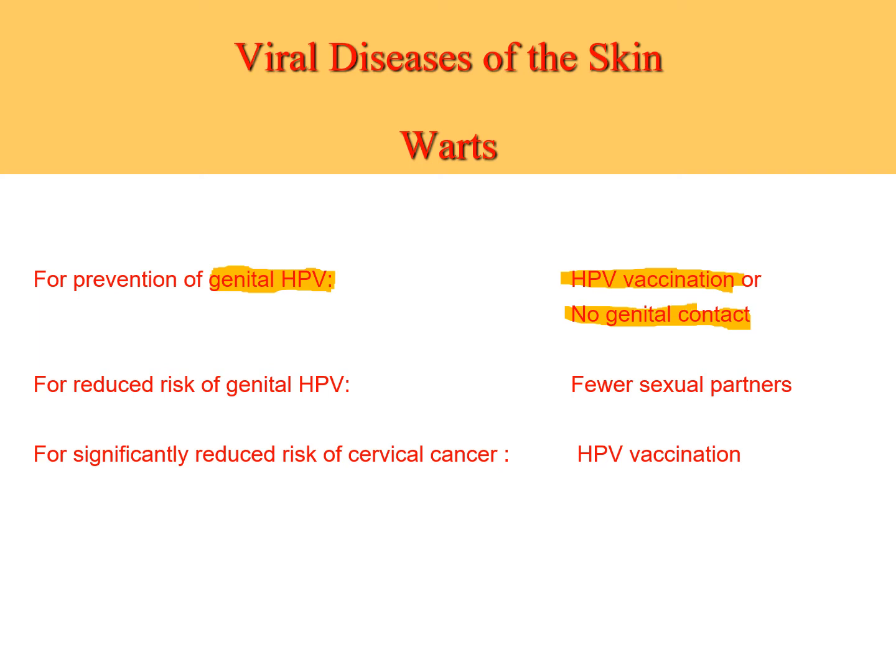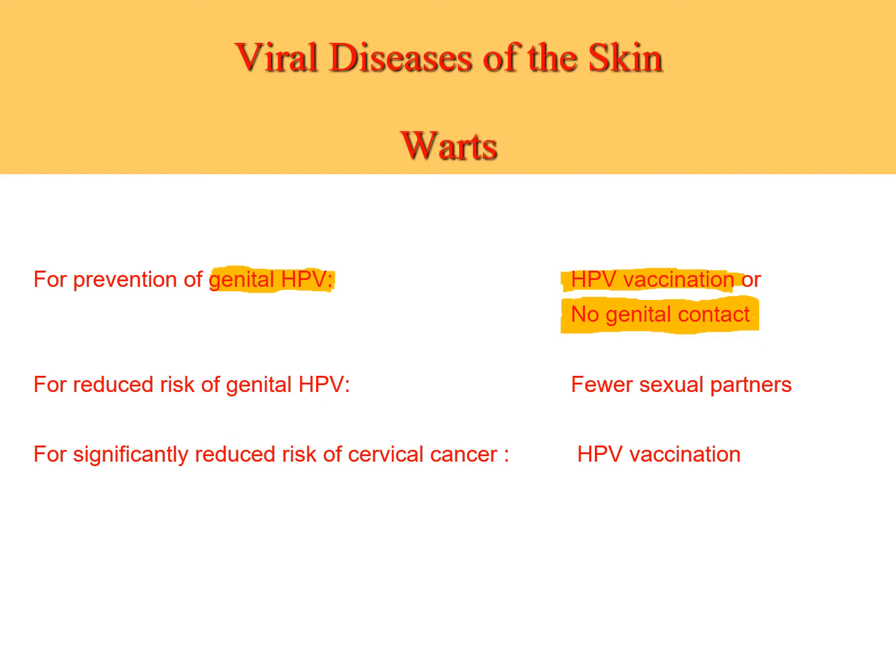Now, no genital contact tends to be a difficult thing for many people to follow, and in fact probably ends up meaning that people would not have any children. There have been religious groups in the United States that did not believe in genital contact. In the 1800s there was a group. They're gone. They're not around anymore. They didn't believe in having any sex, which is fine, and will prevent genital HPV. But for the vast majority of people, vaccination is perhaps more realistic.